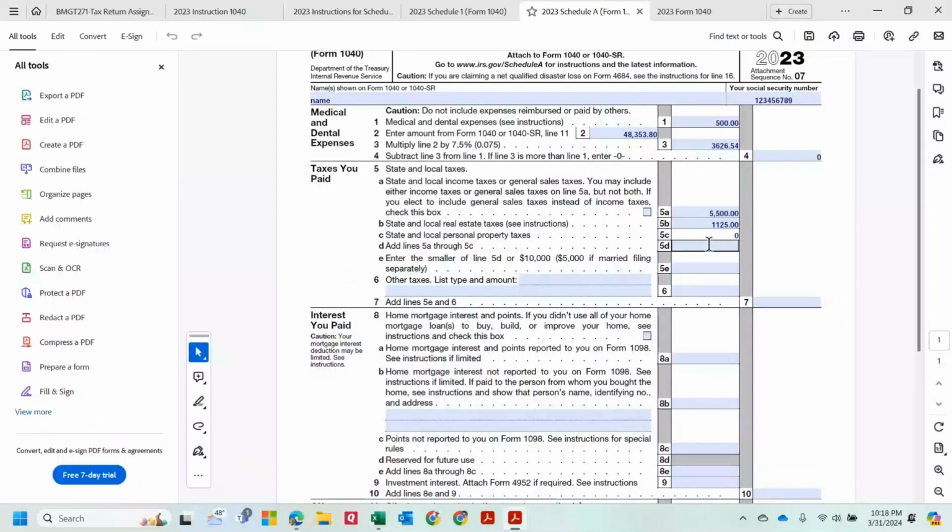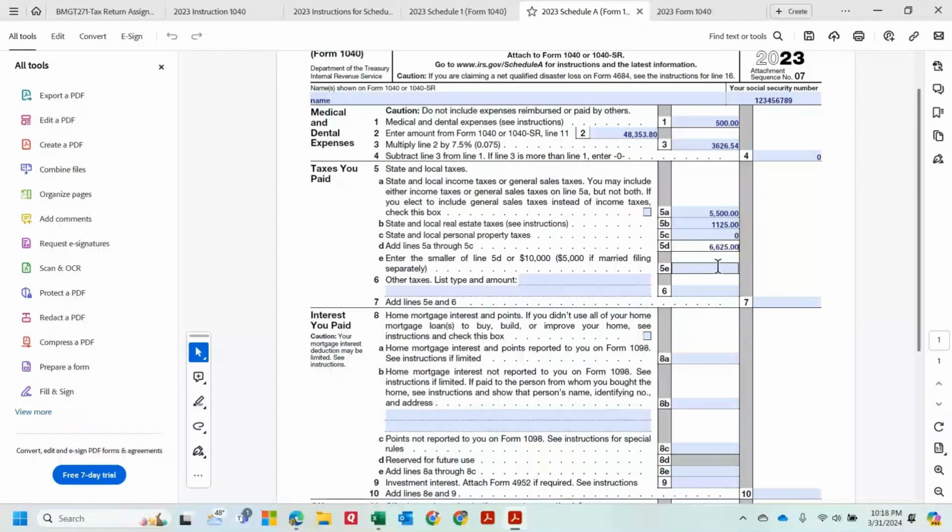Add up all of those lines, and that's going to get me to $6,625.00. Then it says add lines 5A through 5C, and then it says enter the smaller of line 5D or $10,000.